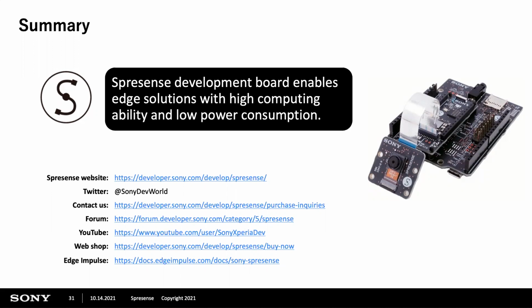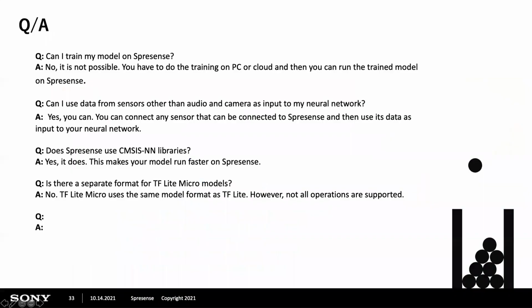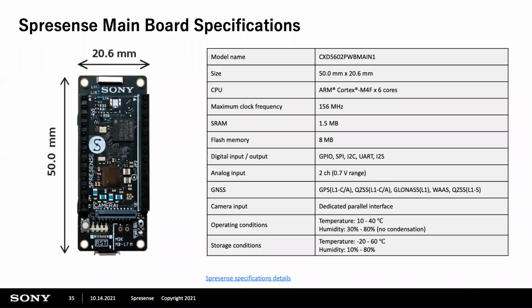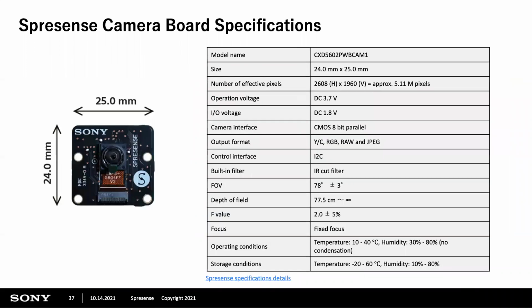Okay, another question has come in on the chat here. What kind of camera interfaces do you support and what is the image resolution? Yeah, I have the information here. Let me show you. This is our camera spec. Do you see my page? If you go to the spec for Spresense, you can find this.